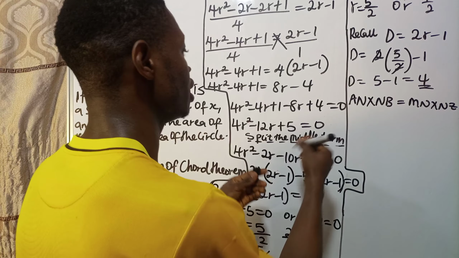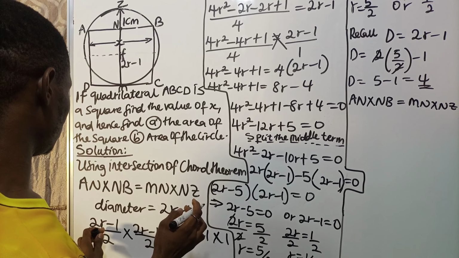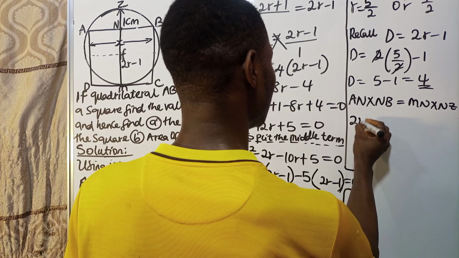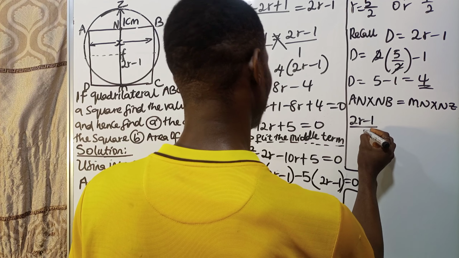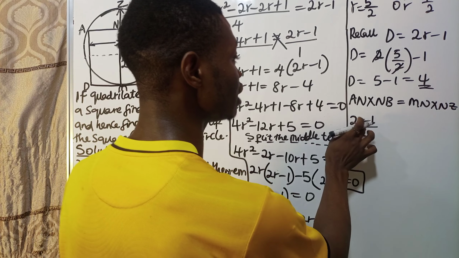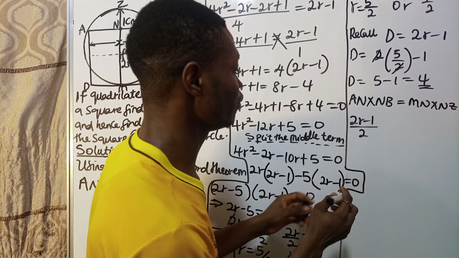So let's check. AN is what? 2r minus 1 over 2, right? So 2r minus 1 all over 2, right? So let's check. 2 times our r, which is 5 over 2, right?